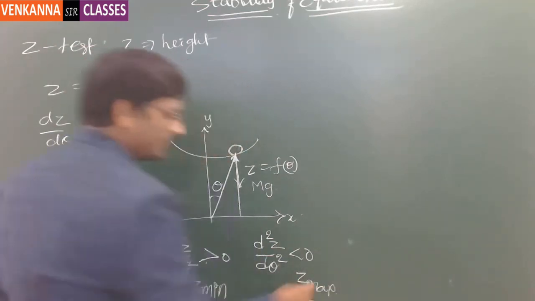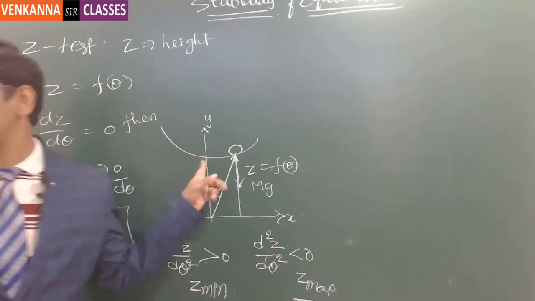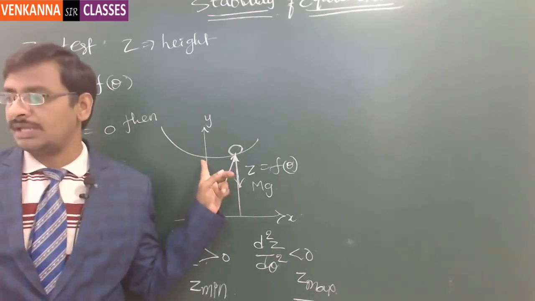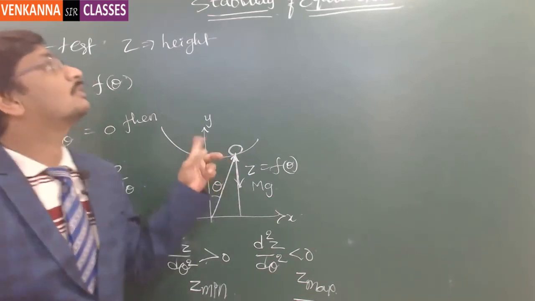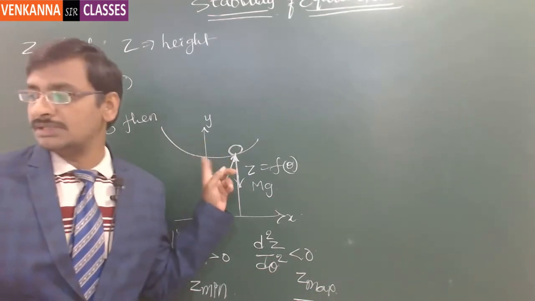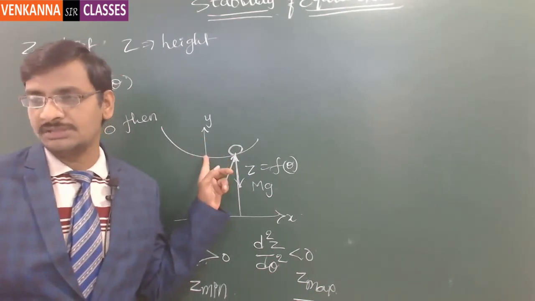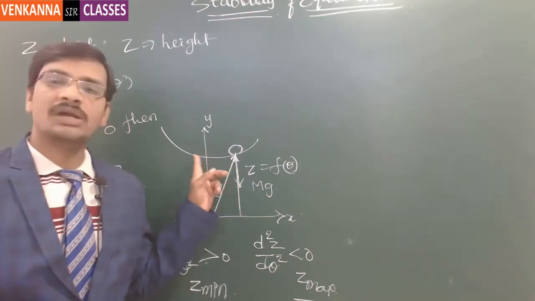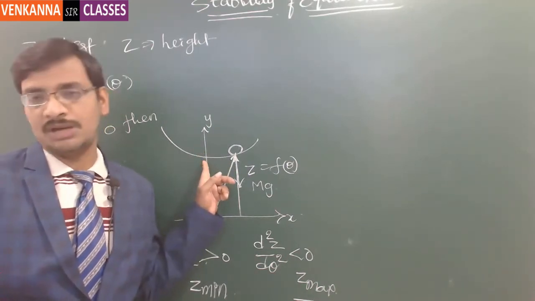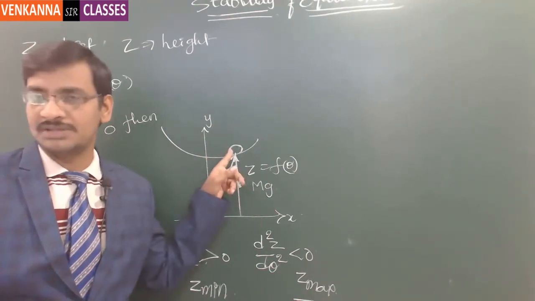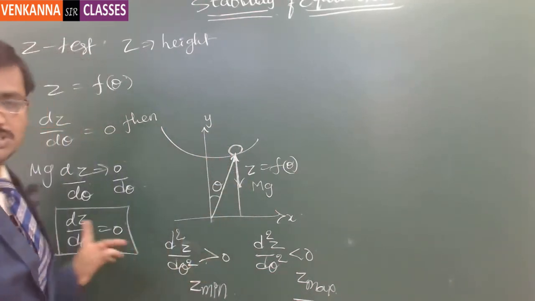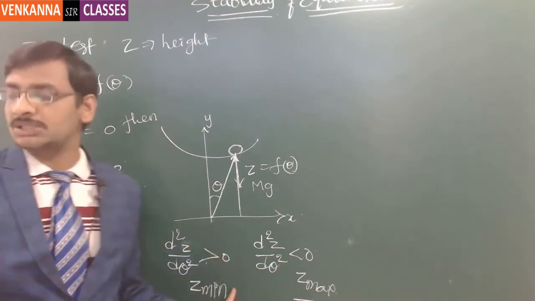Now suppose the body is at this location, in equilibrium, and I want to identify whether this equilibrium is stable or not. For that, I will give a simple virtual displacement and try to assess dz by d theta and d square z by d theta square.